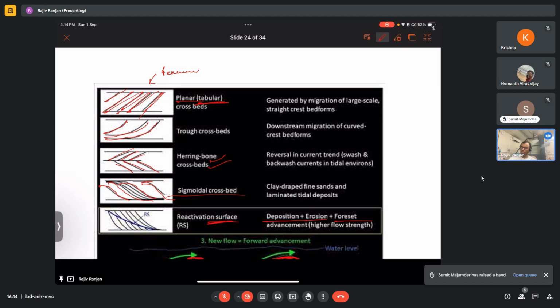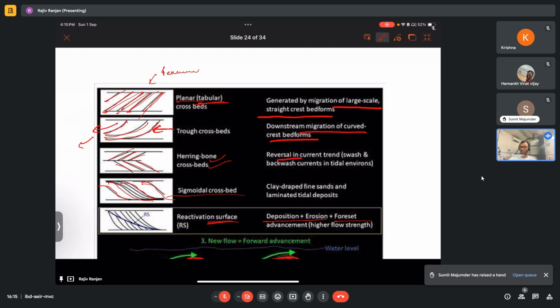Planar cross beds are generated by migration of large-scale straight-crested bedforms. How do trough cross beds form? They form by downstream migration of curved-crested bedforms.